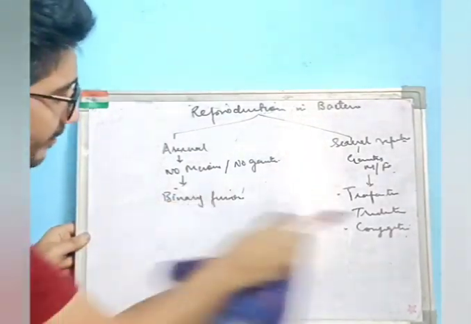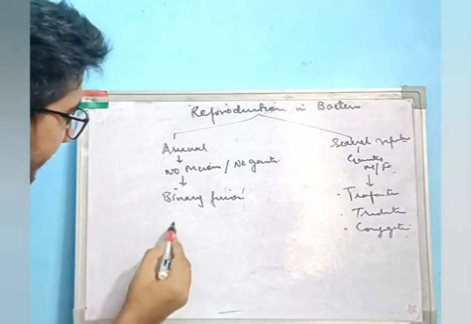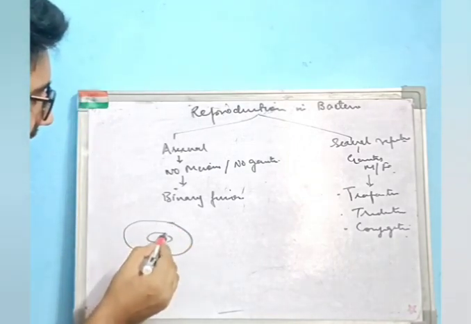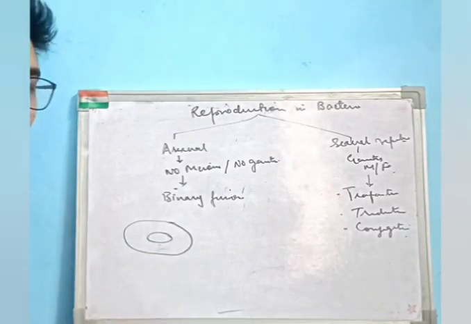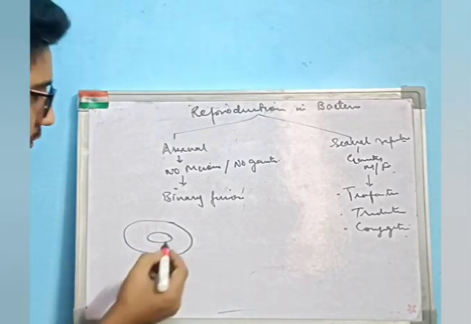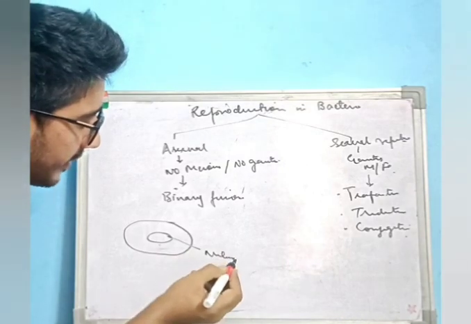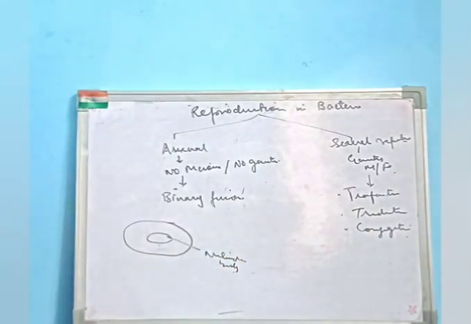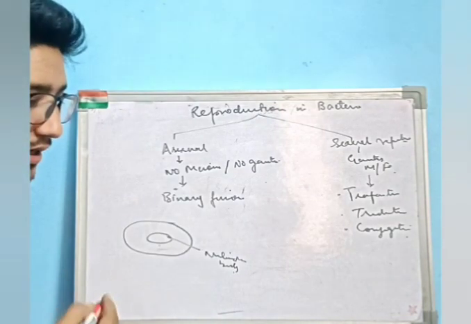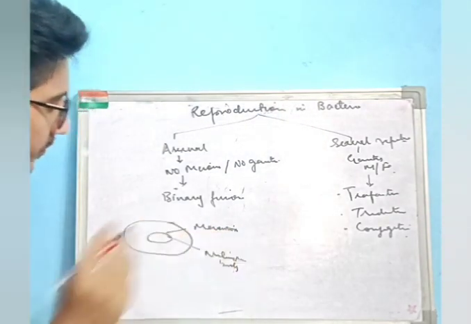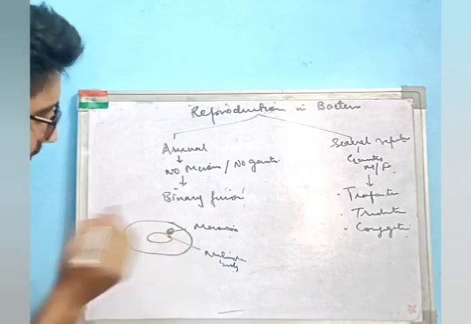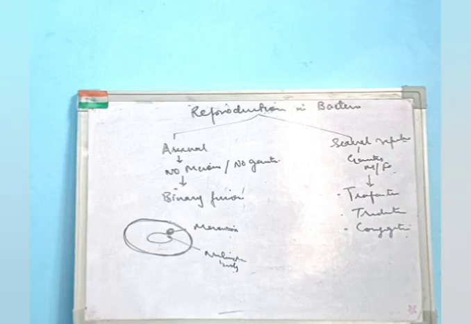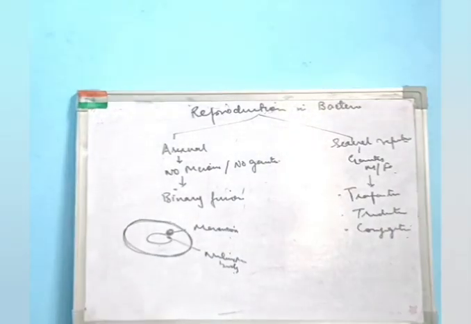In binary fission the bacterial cell is this, and it has a nucleoid or nuclear body, because bacterial cells do not have any nucleus. The nuclear body is attached to the mesosome. This is the structure of the mesosome, and this is the cell wall of the bacteria. So how does binary fission take place?